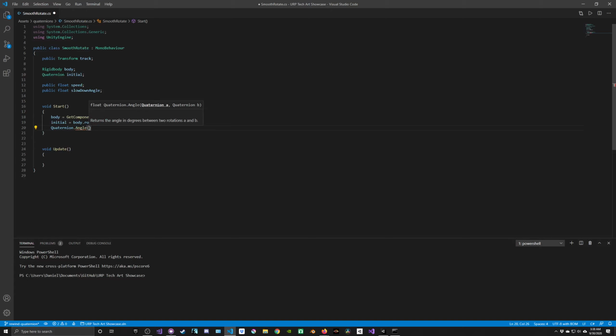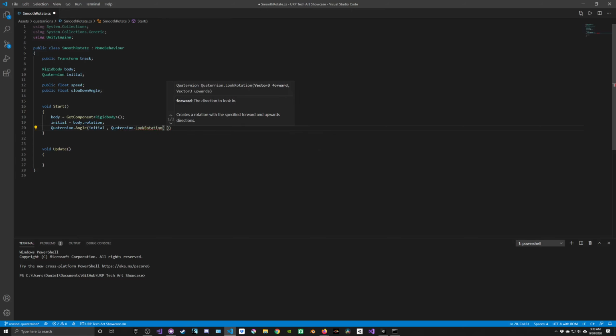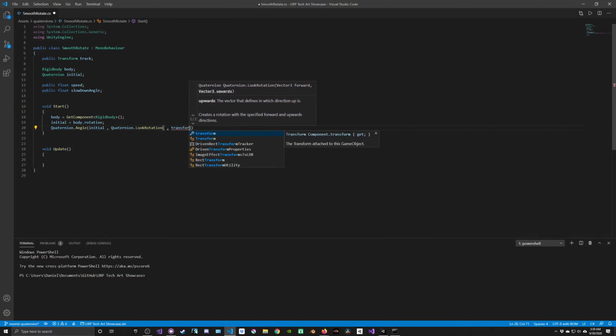So we want our first one, which is just initial, and our second one. So our best bet here, from our quick look over things, seems to be that look rotation. So we want our forward and our upward. For our upward, we'll just say it's our current one, right? Our transform.up.